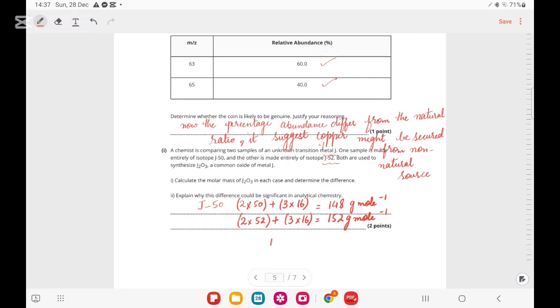So the difference will be 4 gram per mole.